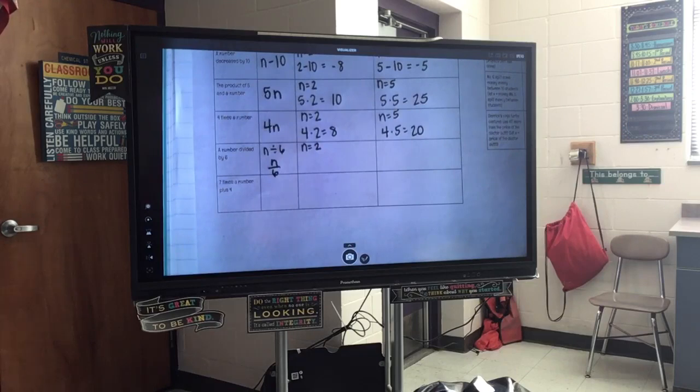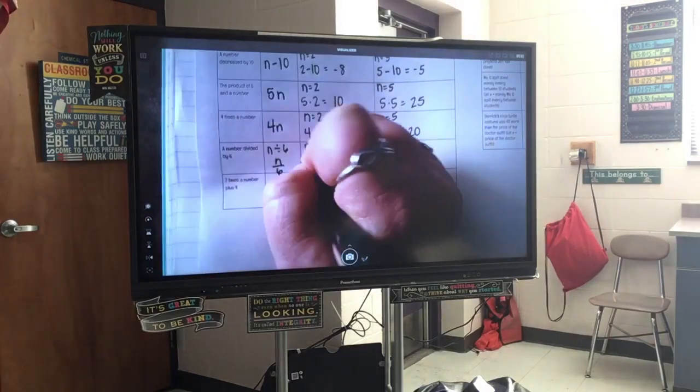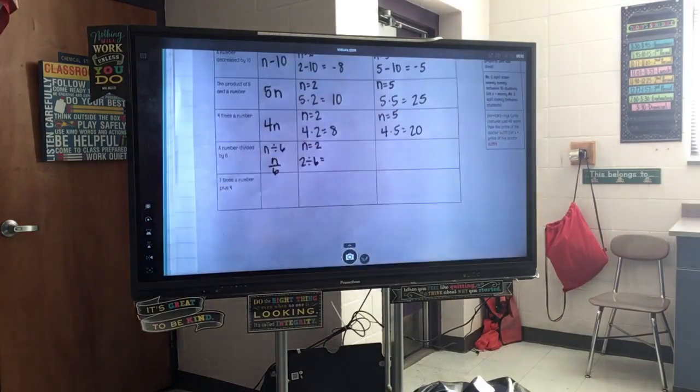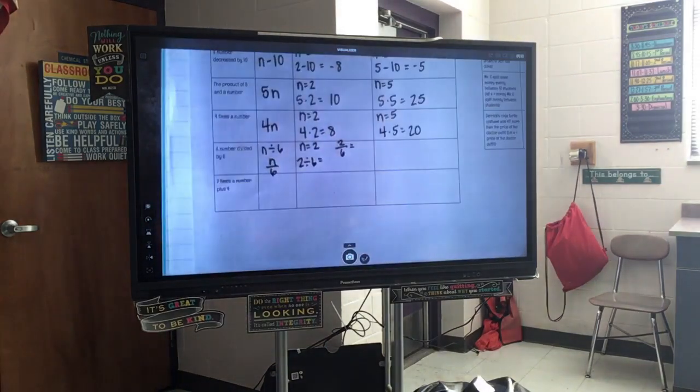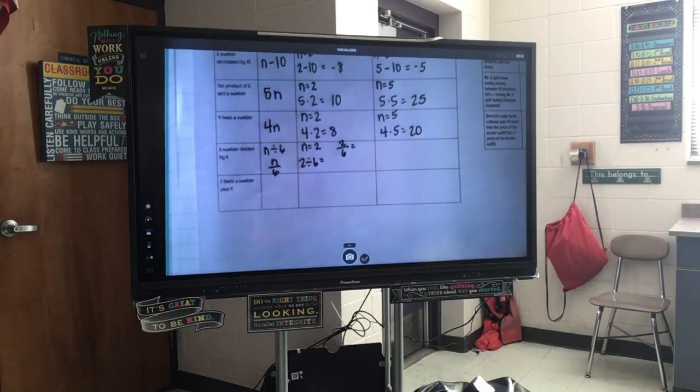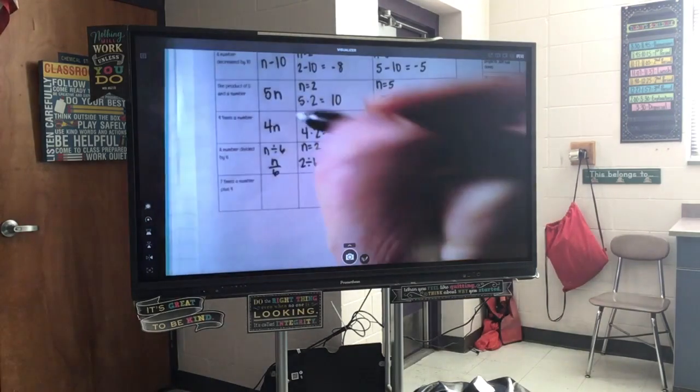Don't change it. Does your n come first? Yes. Okay, so then where does our 2 have to go? First. Yes. All right, so then we do 2 divided by 6, or 2 over 6, whichever way you want to write it. And this essentially becomes 1/3.